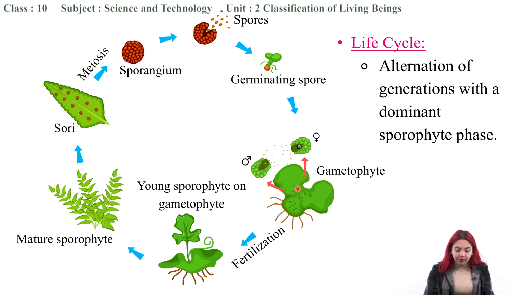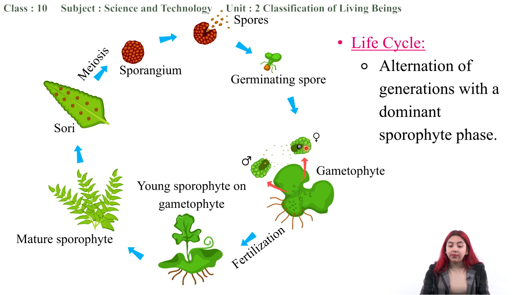Now this gametophyte is a heart-shaped plant, which is an independent plant. It only requires moisture to continue the reproduction. Now what happens is, the antheridia produce sperm, which is the male reproductive part, and the archegonia develop eggs, which is the female reproductive part.